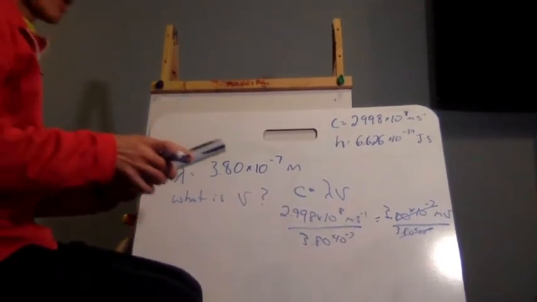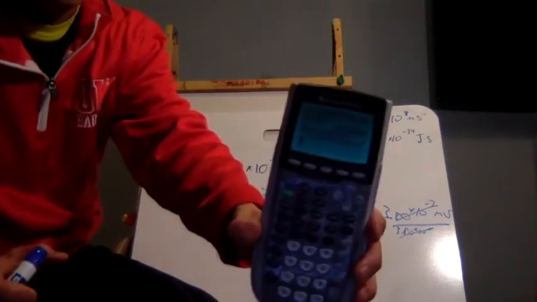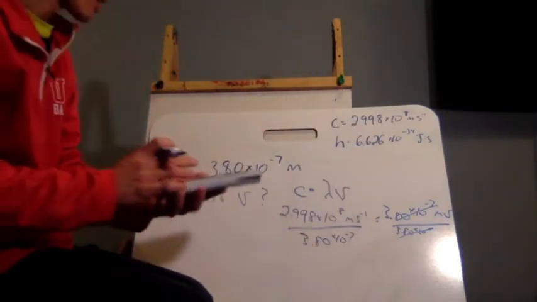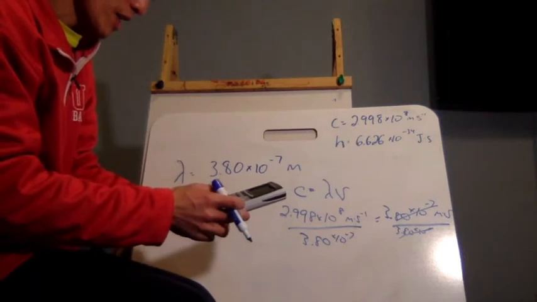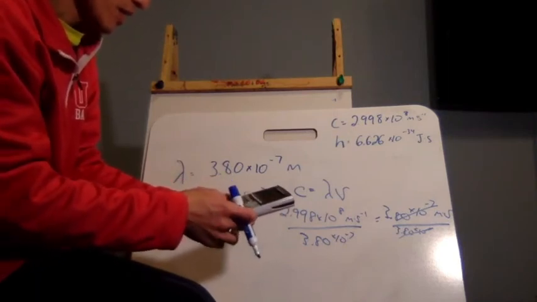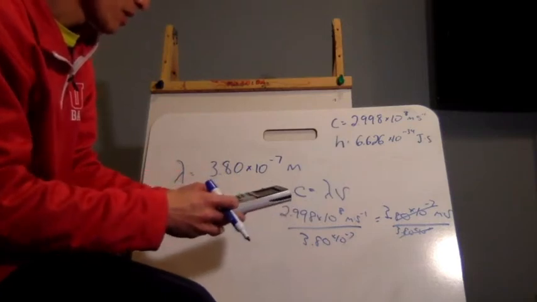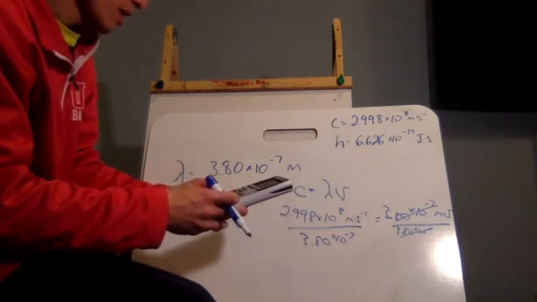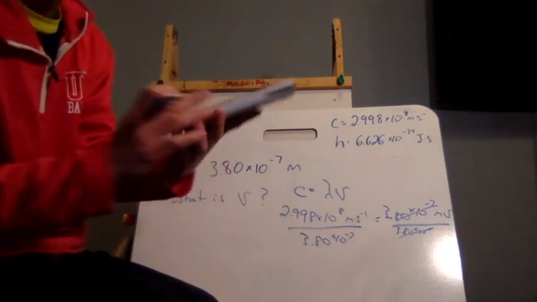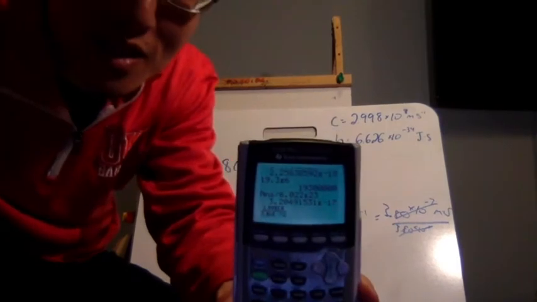In your calculator, you can go to your function that has the fraction template. That's 2.998 on top and 3.80 on the bottom. I'm using the E button here, if you can see that.